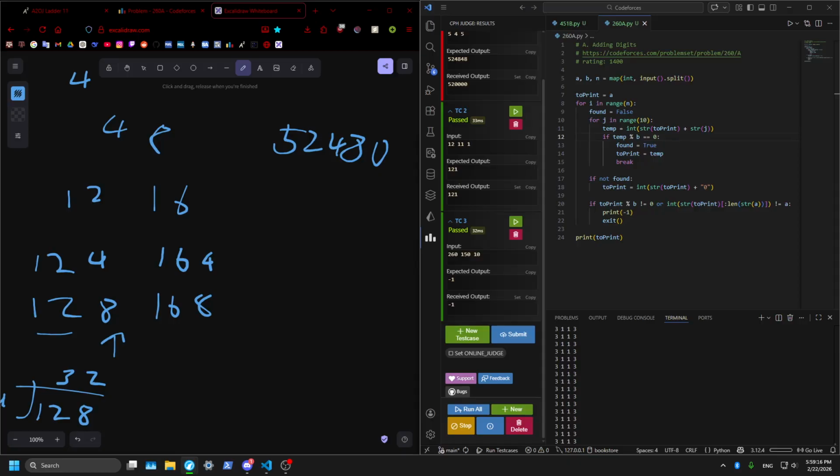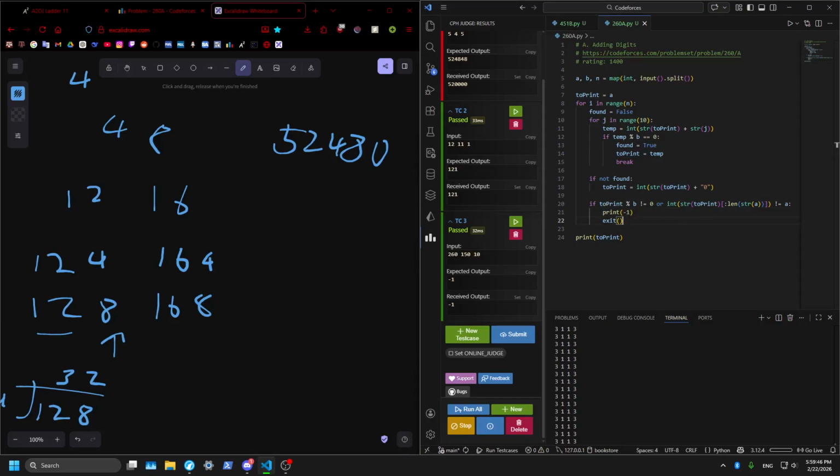But since 2^n grows by 1 digit every iteration, this is O of n.